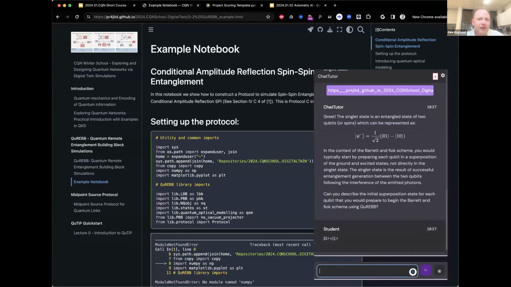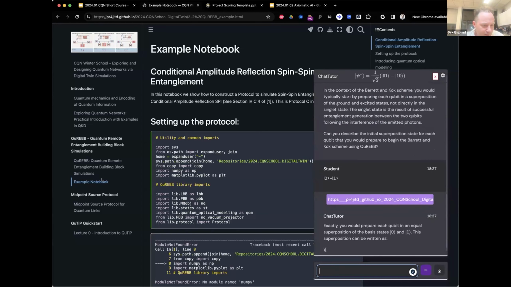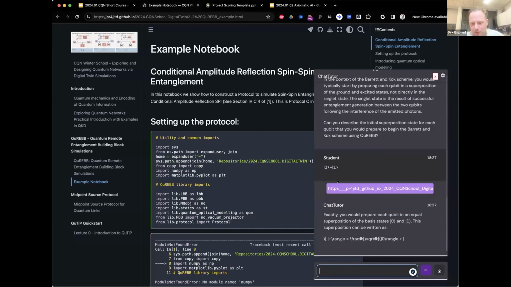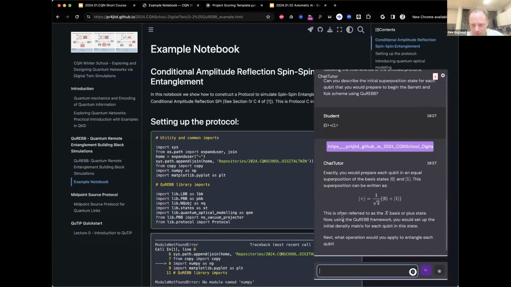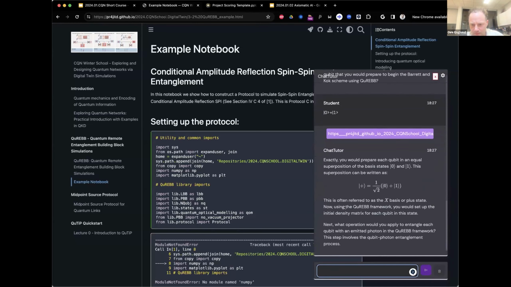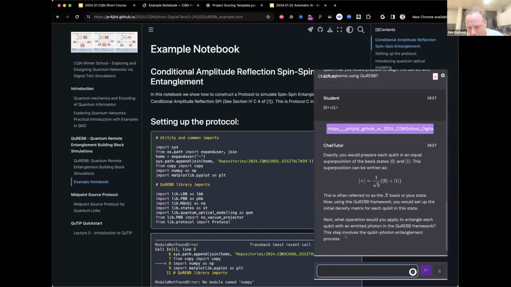In the meantime, are there any other questions? Please don't hold back. I think it's in tutor mode, so it's not answering the question.